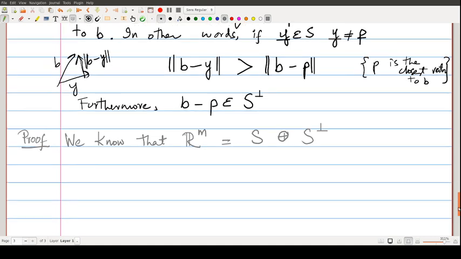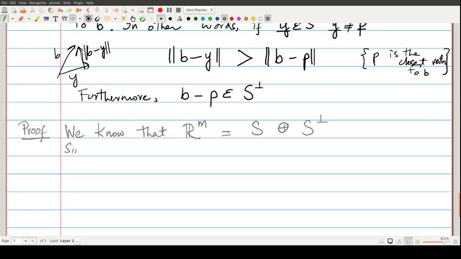Now, since B is a vector in Rm, I can write B equals P plus Z, such that P is in the subspace S and Z is in the orthogonal complement.